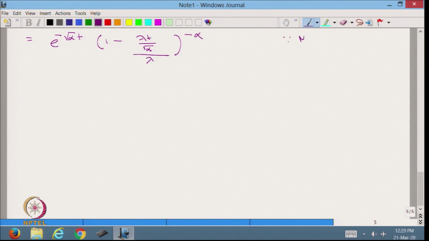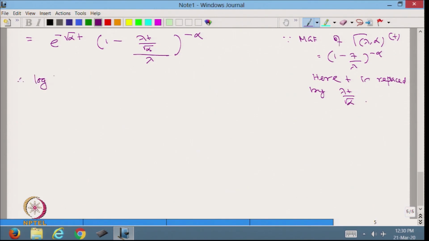Since the MGF of gamma lambda, alpha at t is equal to (1 minus t by lambda) to the power minus alpha, here t is replaced by lambda t over root alpha.